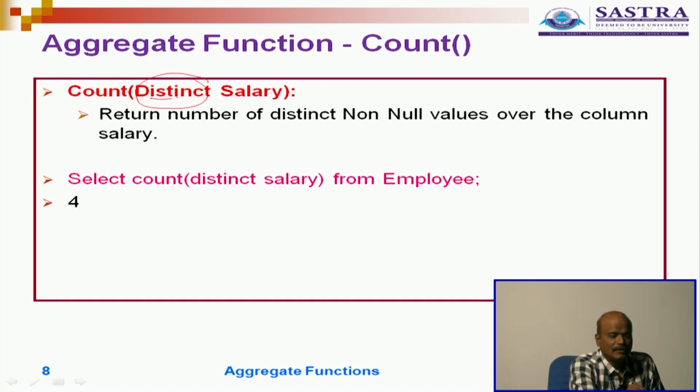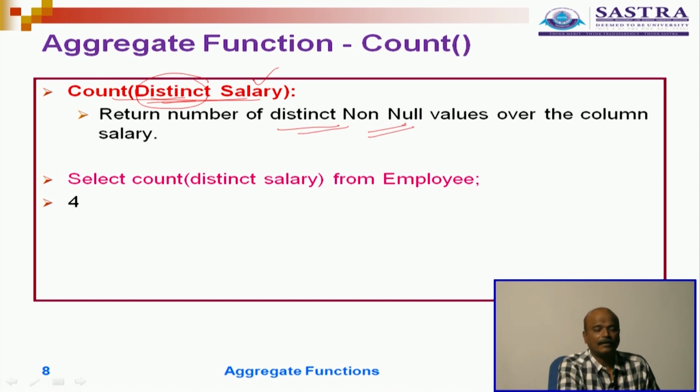So what is the use of this keyword distinct? It is used to remove the duplicate values from the column called salary. So this version of count returns the number of distinct non-null values from the column called salary.